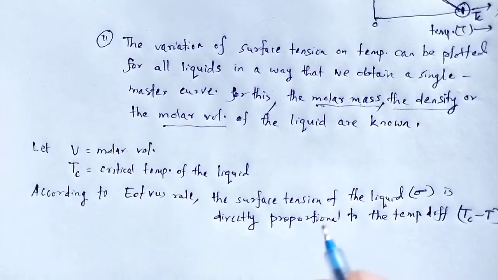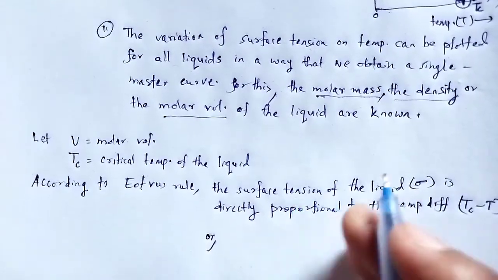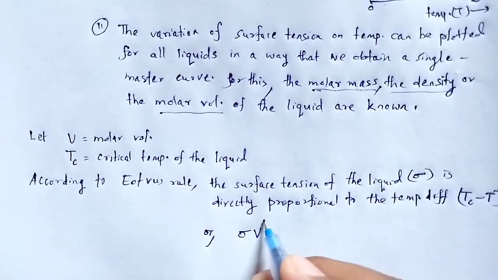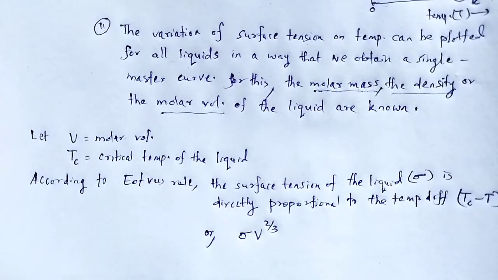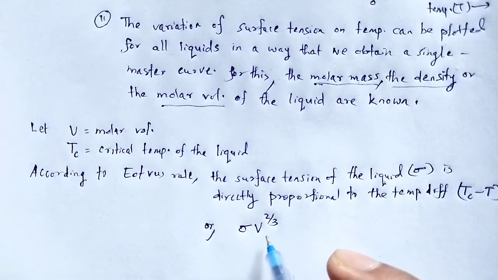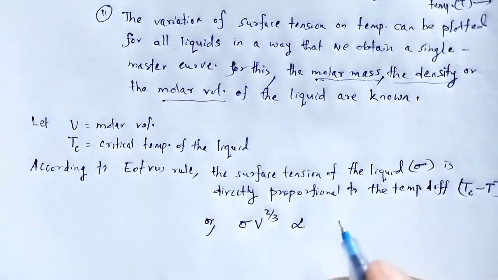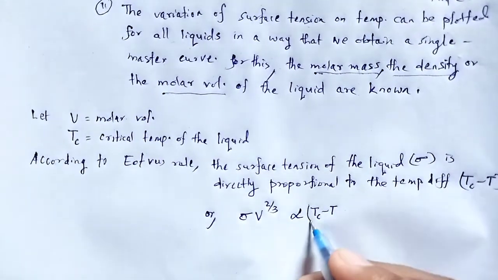So mathematically, the surface tension of the liquid, sigma V to the power 2 by 3, where V is the molar volume, is directly proportional to the temperature difference, Tc minus T.